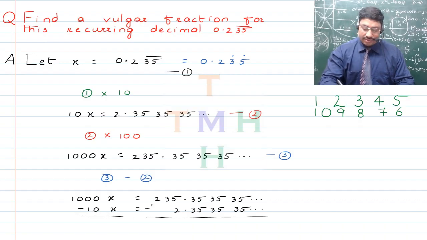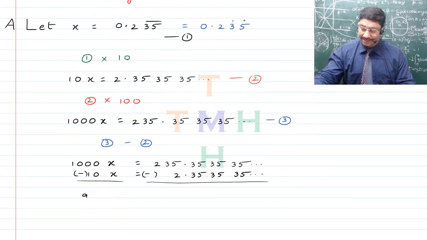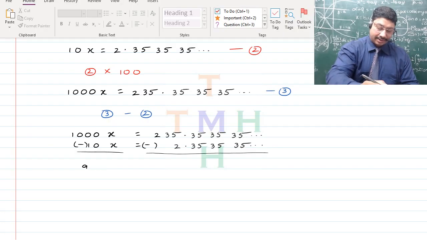Okay, now when you subtract both of these sides, you see that on the left hand side you are going to get 990x, right?